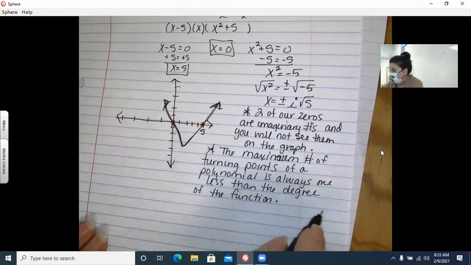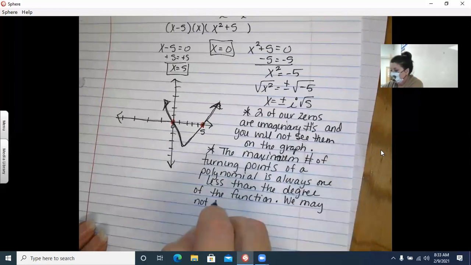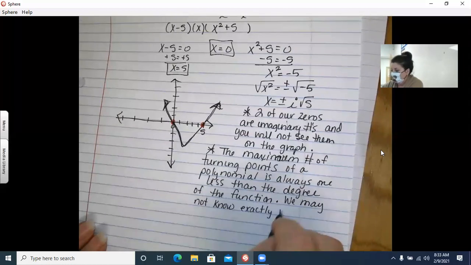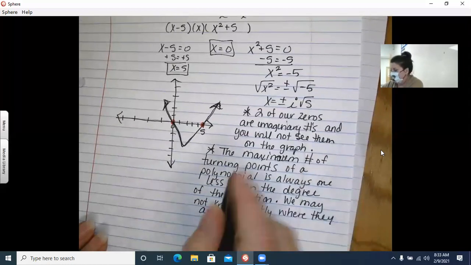We may not know exactly where they are, but at least we know the max.